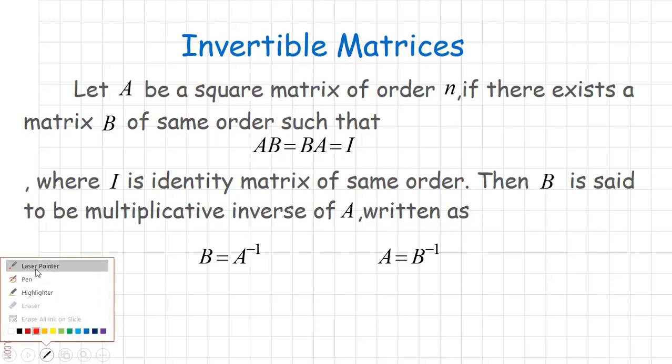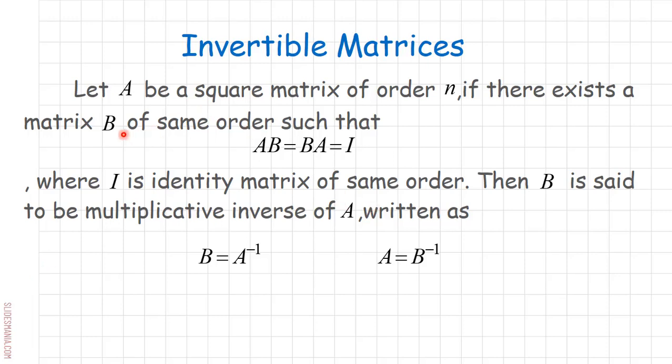This square matrix A is invertible if there exists another matrix B of the same order, meaning both A and B are square matrices of the same order, and if AB is equal to BA is equal to the identity matrix I. If this multiplication AB and BA comes out to be the identity matrix of the same order, then we will call B a multiplicative inverse of A.